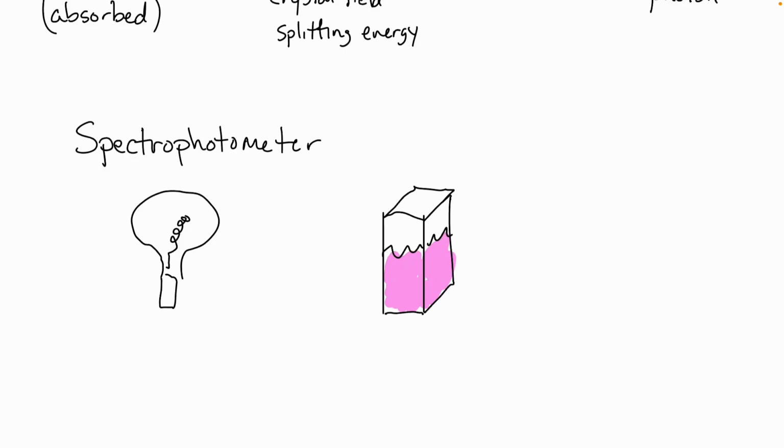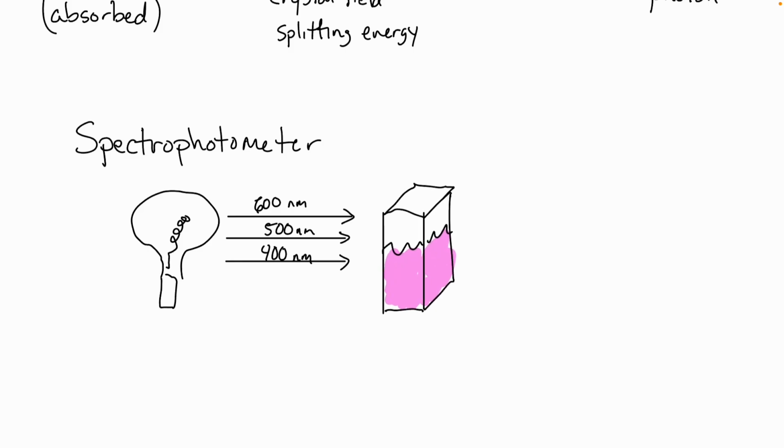Okay, so what you do is you have this spectrophotometer. It's got this light source. It's going to shoot all these different photons in here of every different wavelength. All right, so here's the 600 nanometer, 500 nanometer, 400 nanometer. Sends all those photons in, and then it measures what comes out the other side.